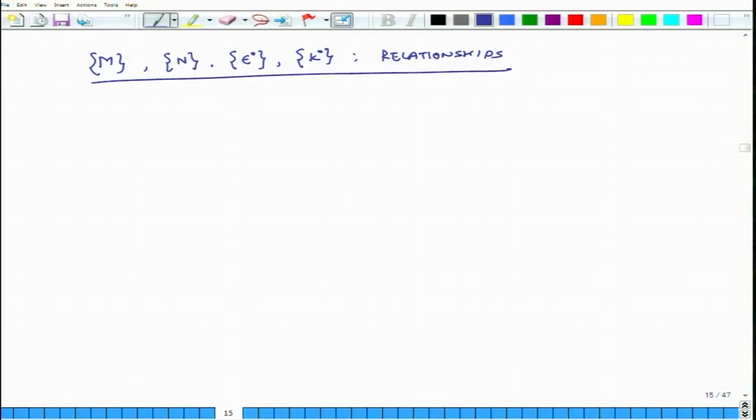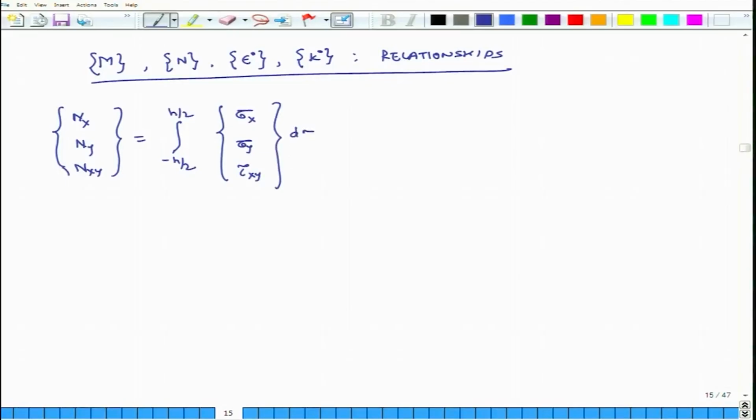So, first we will start with force resultants. We have shown that Nx, Ny, Nxy is equal to the integral from minus h by 2 to h by 2 of sigma x, sigma y, tau xy times dz.